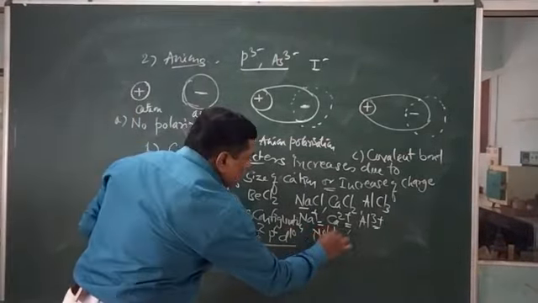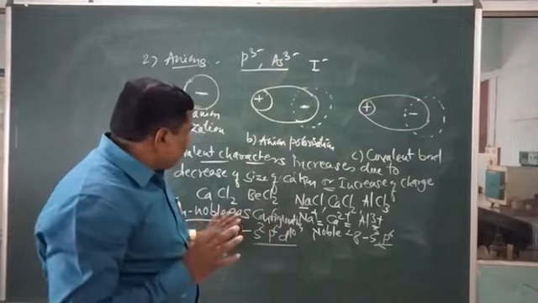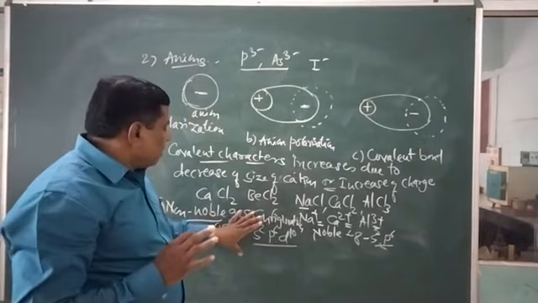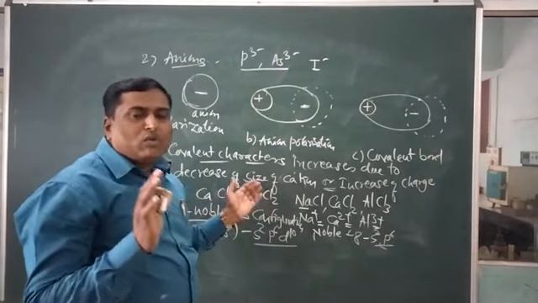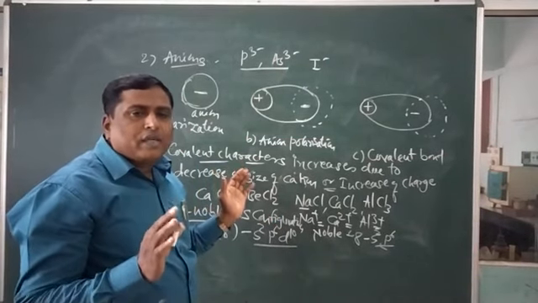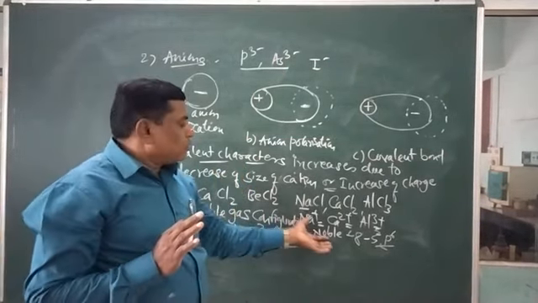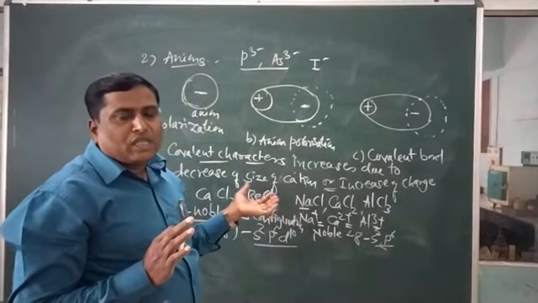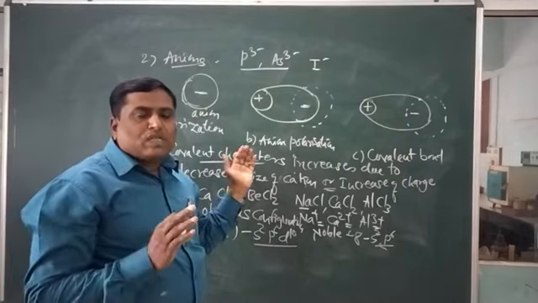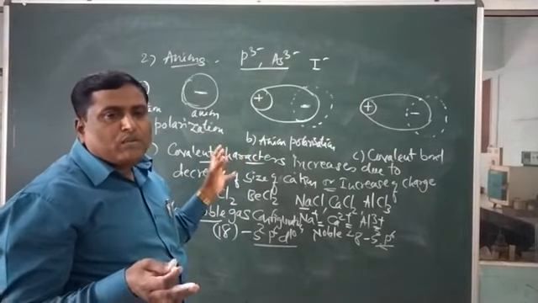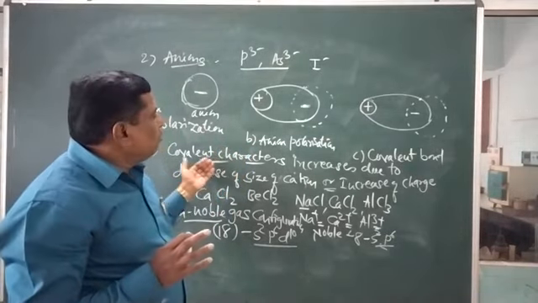The shielding effect is generally higher in the case of d electrons, and therefore non-noble gas configuration elements always possess higher covalent character as compared to noble gas configuration elements. And therefore polarizability, polarizing power, and the polarization process will be most important.